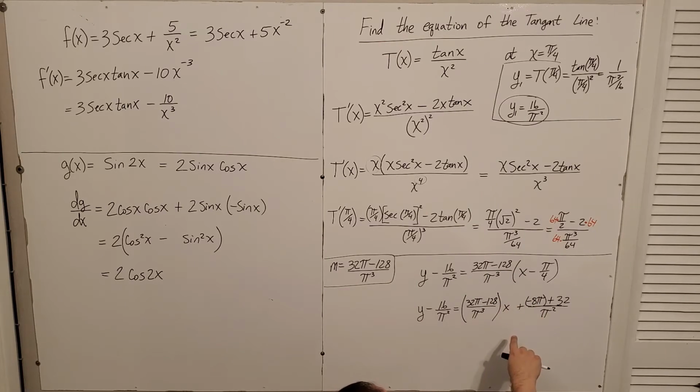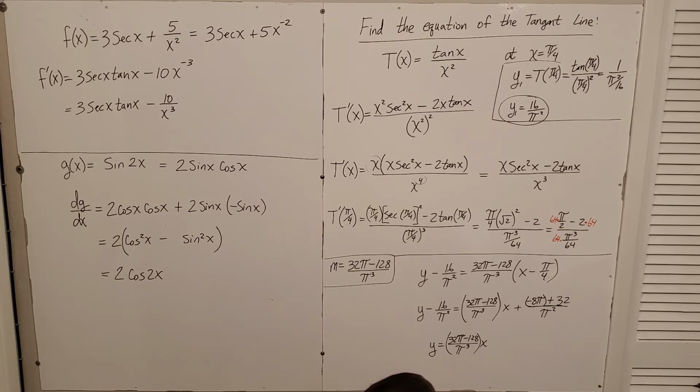Now I wrote it like that, but what I really want to do is go ahead and factor out that negative. No, I'm going to leave it. So watch. Now I've got to get the y by itself. Right here I'll have y equals, and it's still going to be the 32 pi minus 128 over pi cubed, that's my slope, times x.